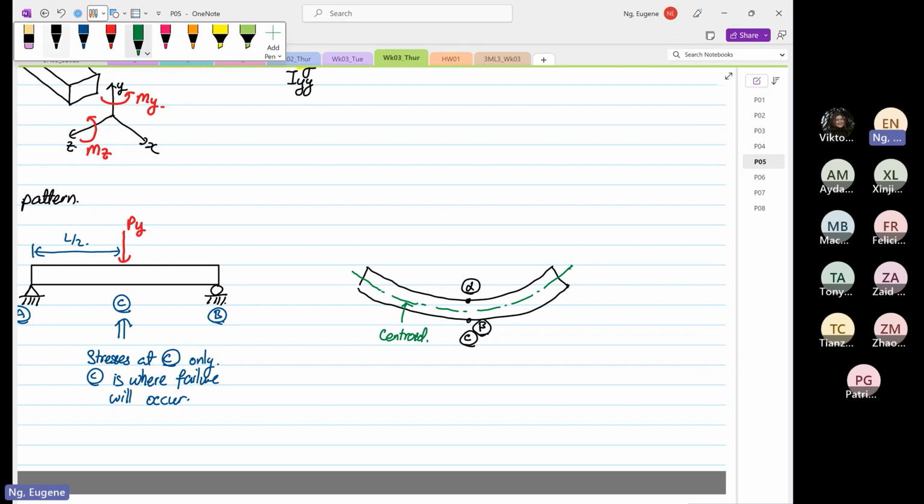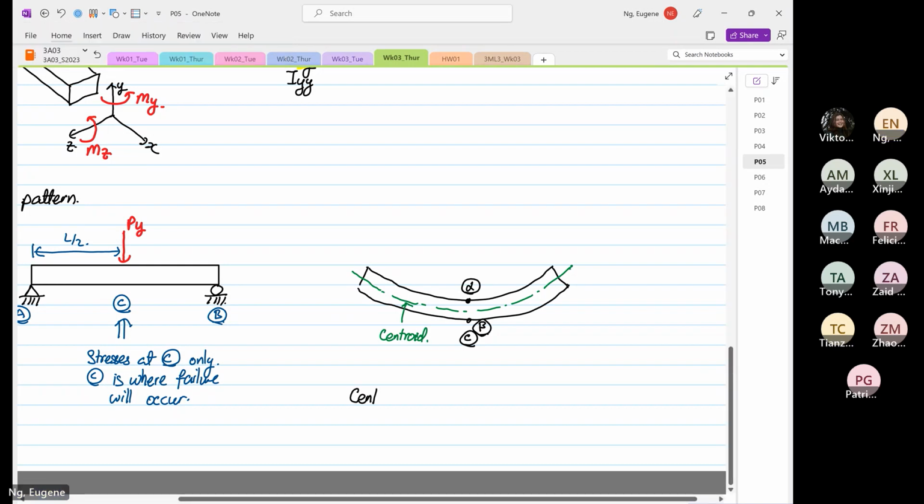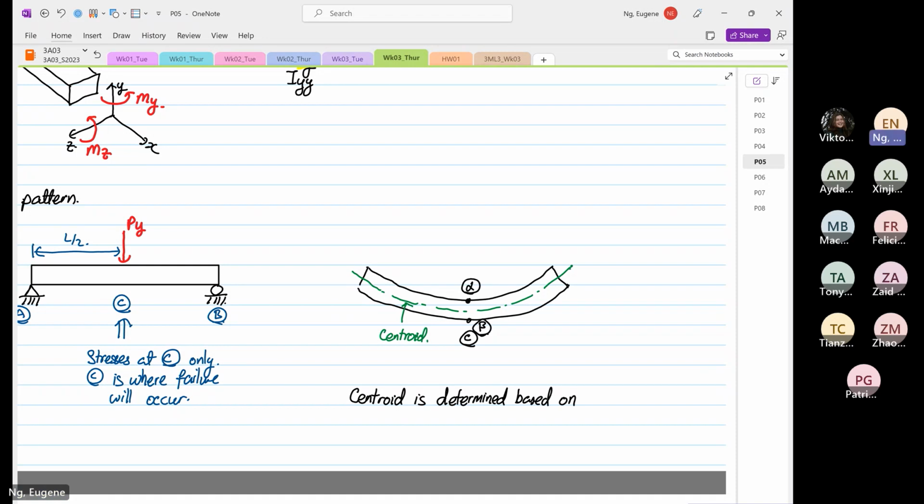And we know that the centroid is determined based on geometry.